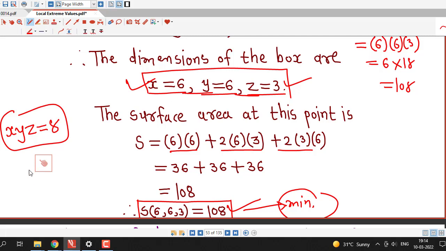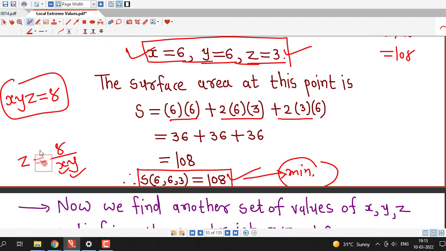Now how to select the point satisfying this condition? So we can write z equal to 108 divided by xy. We consider x and y positive because they are the dimensions of the box. So we can select arbitrary values for x and y, and we will obtain the value of z. In that way we can find another set of points.